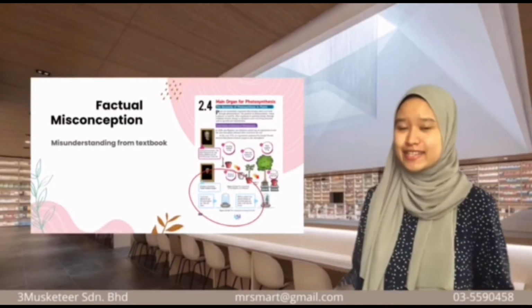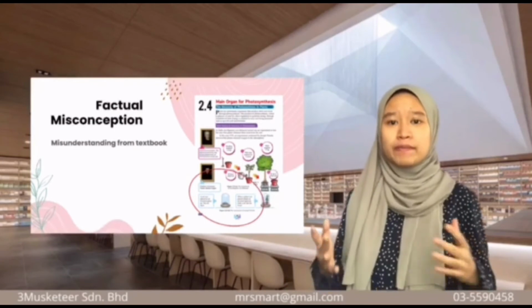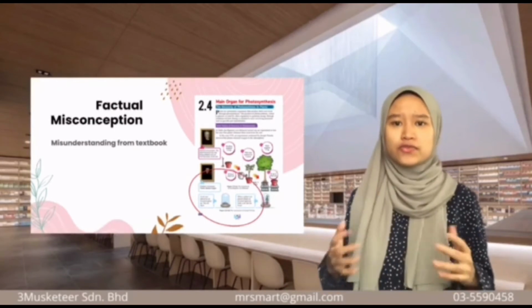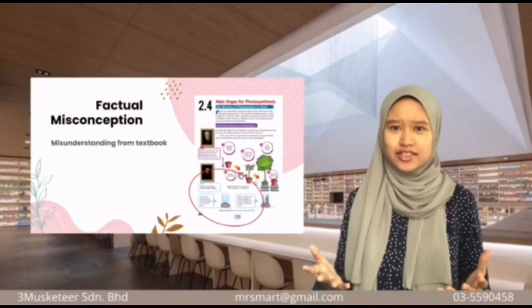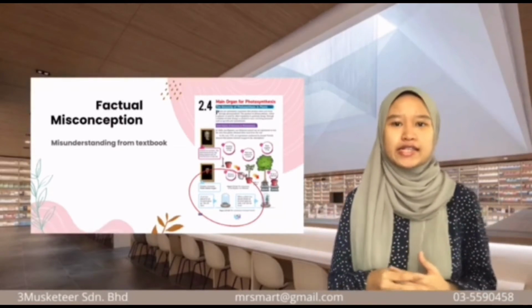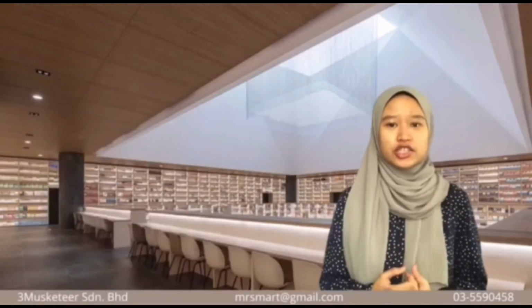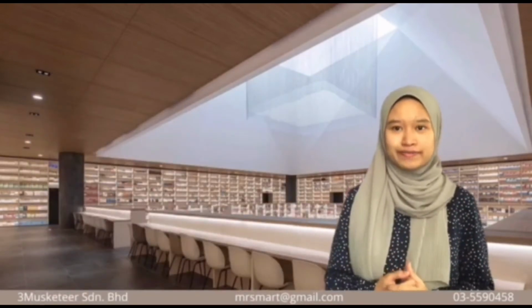You can see this on page 40. This example will lead to the misconception that plants undergo photosynthesis to produce oxygen and not glucose. Instead of only including the example of the early study, it should come with an explanation of the phenomenon too.